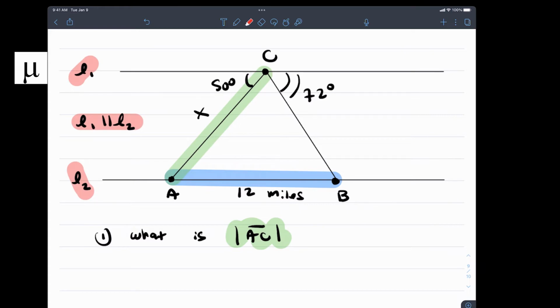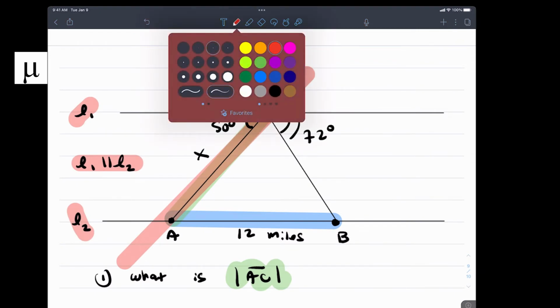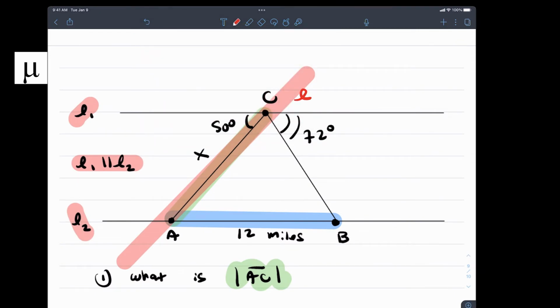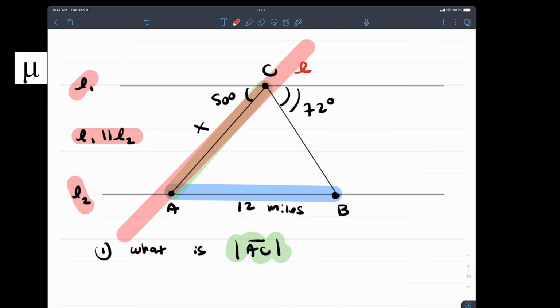If this is a line segment, you call that one L. What do we know about that?